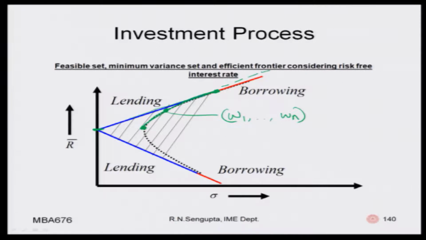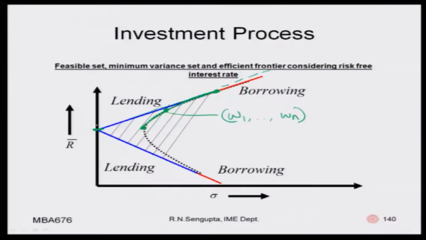Now, instantly you will realize that your initial case of n risky assets had an efficient frontier which was curved. Now, the efficient frontier is just a straight line with 2 points which are important for us. Point 1 is the risk free interest rate, and point 2 we already know, because if you remember, when you solved the MVP, the minimum variance point and the maximum point, we had taken that Lagrangian, lambda 0, mu 1, lambda 0.